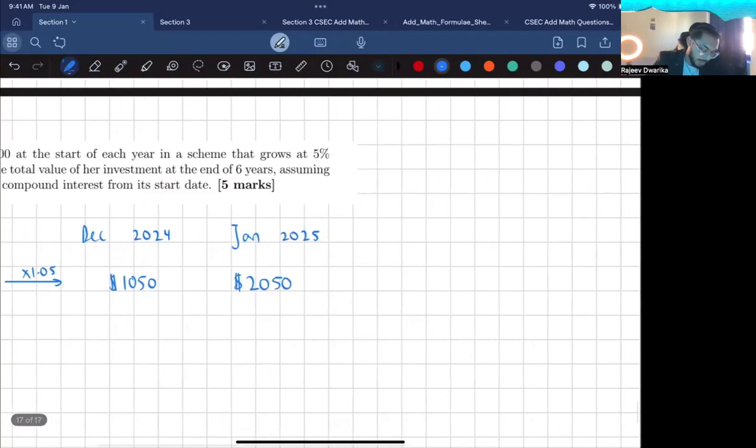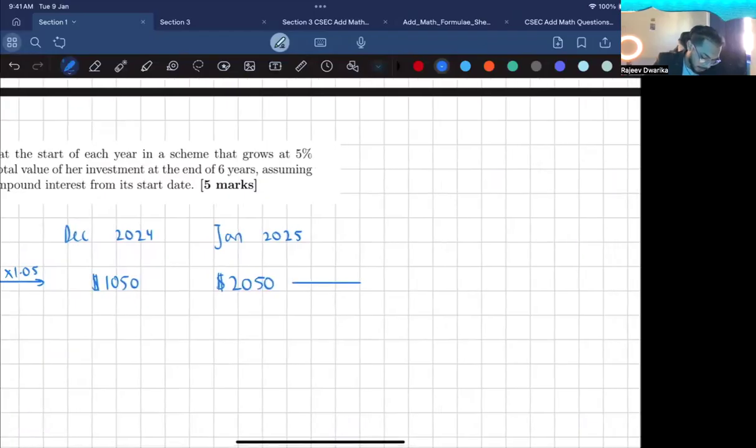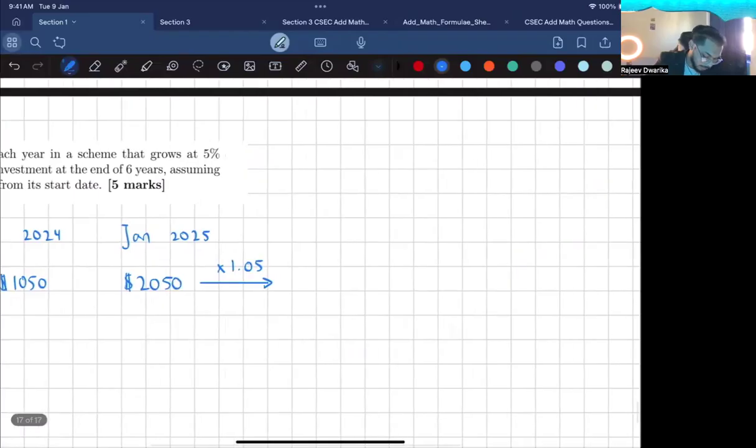Right. And so that's going to increase by 5%, so that'll be by 1.05. What would you get? $2,152.05. $2,152.50, my bad.